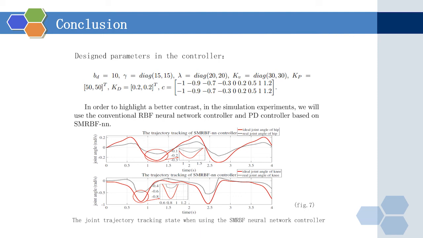The joint trajectory tracking state when using the RBF neural network controller shows the accuracy between the ideal joint and the real joint.